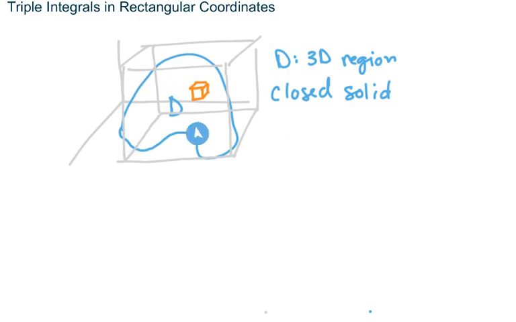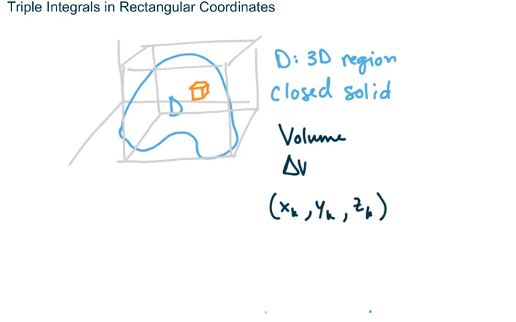So the idea here when we think about this 3D closed solid, this is no longer a surface, a plane. We're not going to be taking a region and dividing it into rectangles. We're going to be taking this solid and dividing it into sub-boxes or sub-cubes even. All right, so we're going to have some volume, delta V, and we're going to choose a point, x sub k, y sub k, z sub k, in each of these boxes.